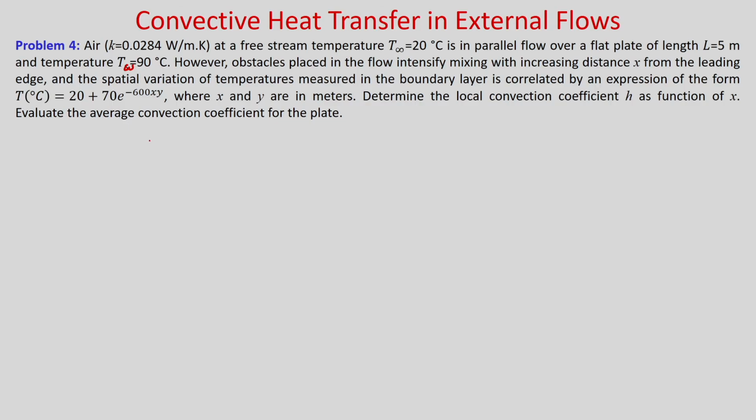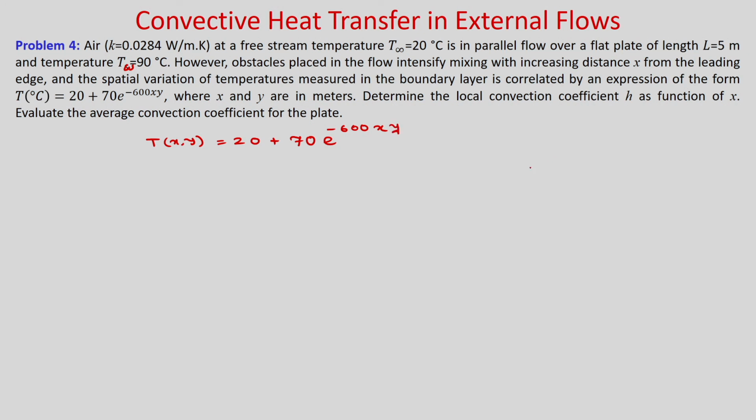Once you know the local heat transfer coefficient, you can calculate the average heat transfer coefficient for the plate. So, T, which is a function of x and y, is given as 20 plus 70 into e to the power minus 600 into x y, where x and y are in meters.